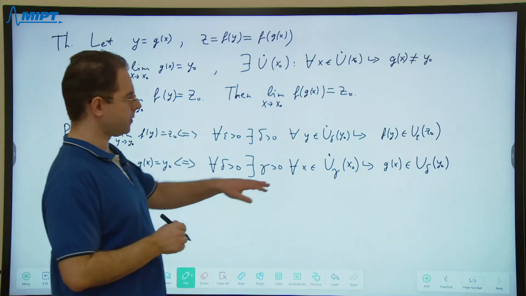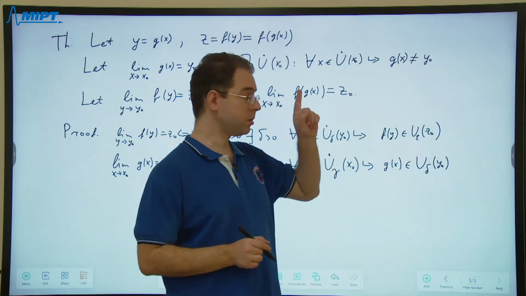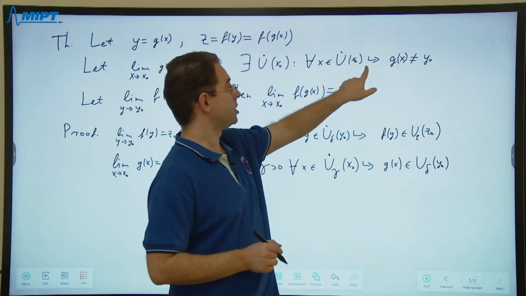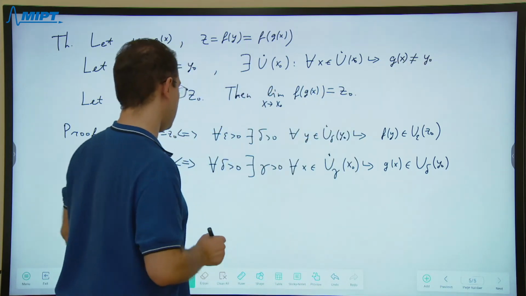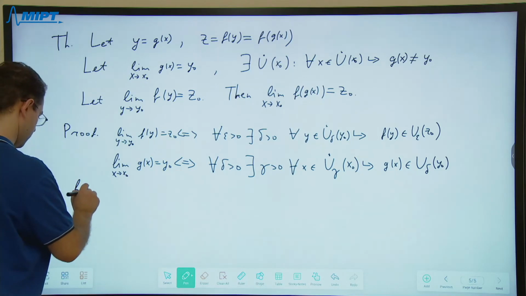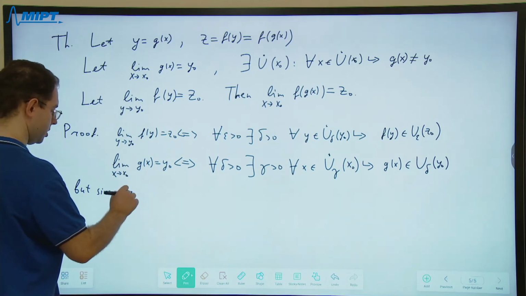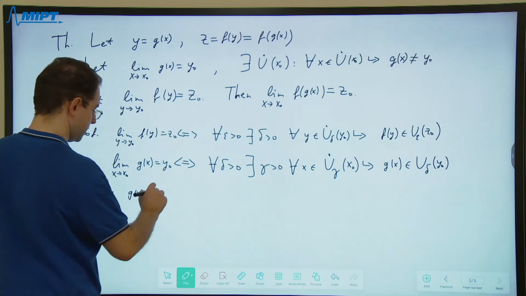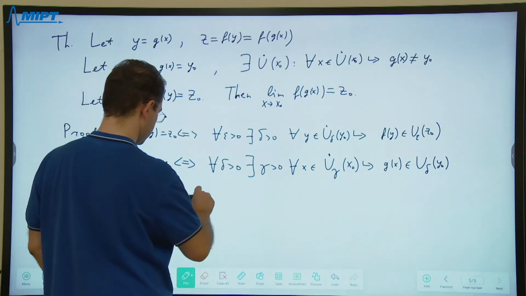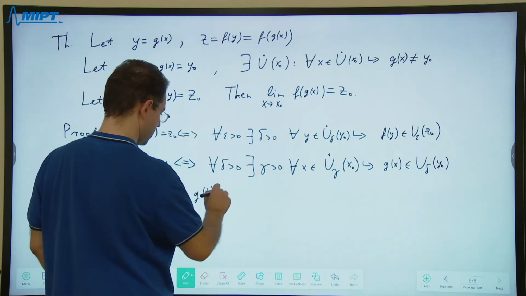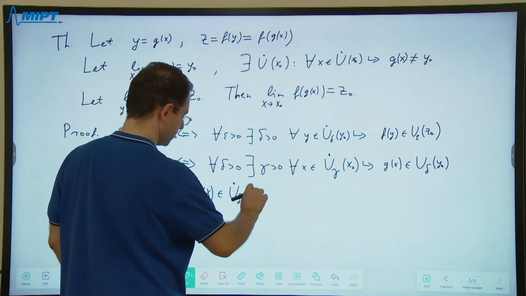Okay, g of x is from the delta neighborhood of y0, but we also know that g of x does not equal y0. But since g of x is not y0, we have that g of x is from the deleted delta neighborhood of y0.